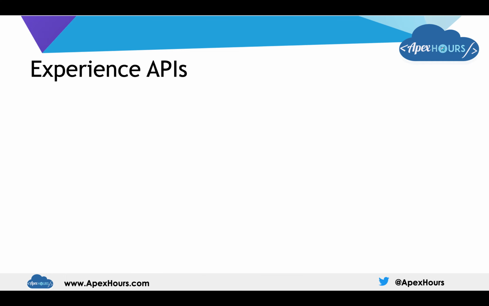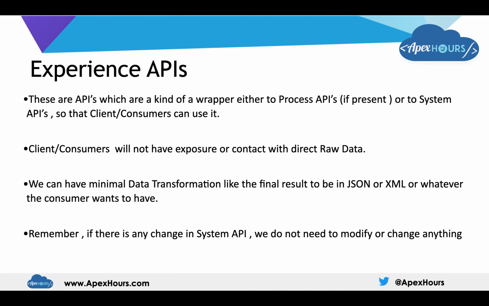Coming back to experience APIs, which are one of the important ones, because we always expose these to consumers or clients. These are APIs which are a kind of wrapper either to a process API or directly to a system API, so that the client or consumer can use it. Let's take the order status example.